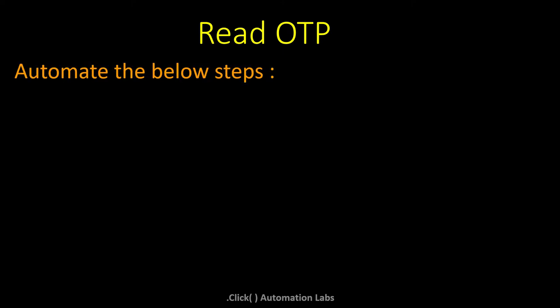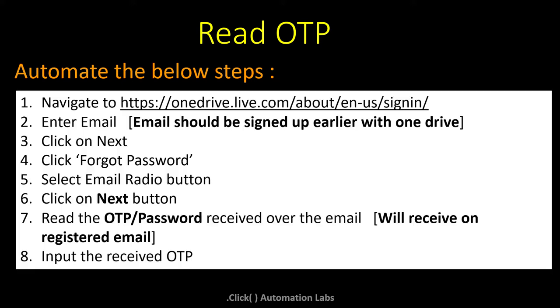Let us take a genuine example: navigate to onedrive.live.com. OneDrive is a cloud-based file storage platform, and enter your email. I'm assuming that you're already registered and you forgot the password. So using the steps below, click on forgot password, select the email and click on the next button.